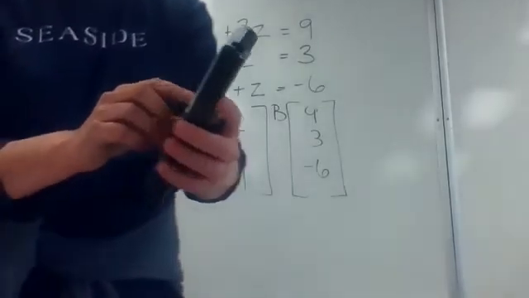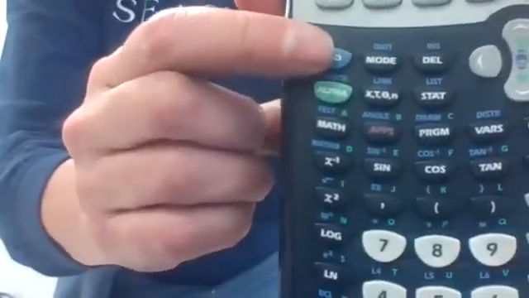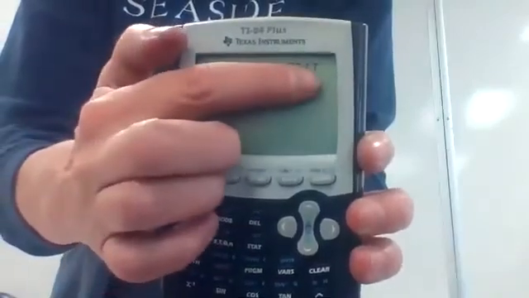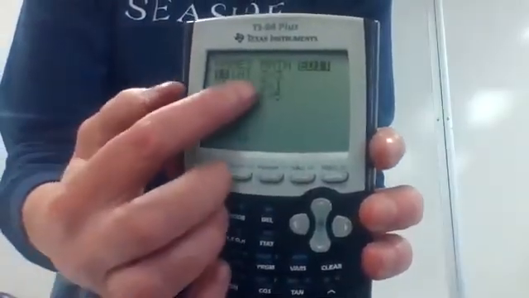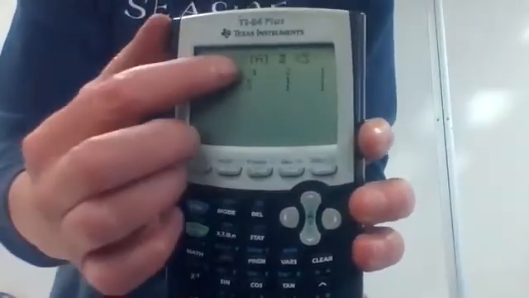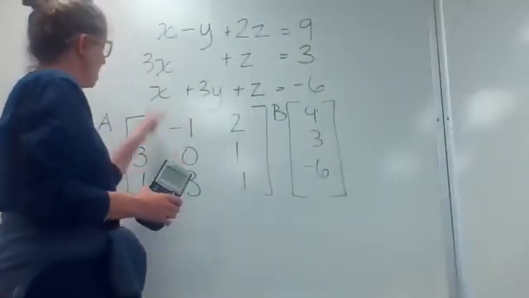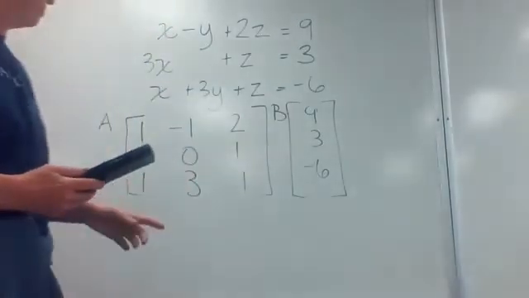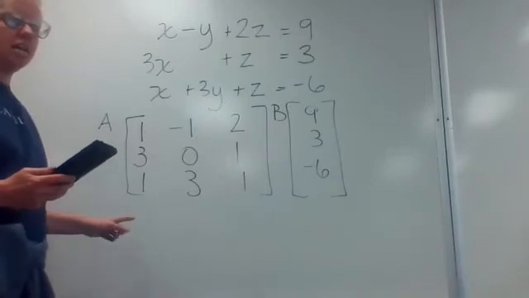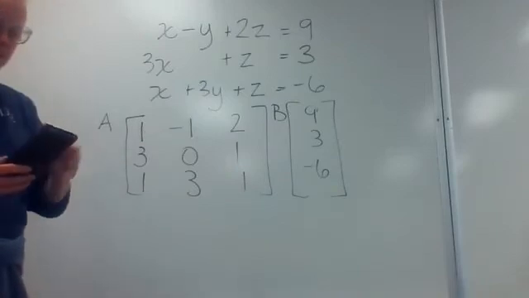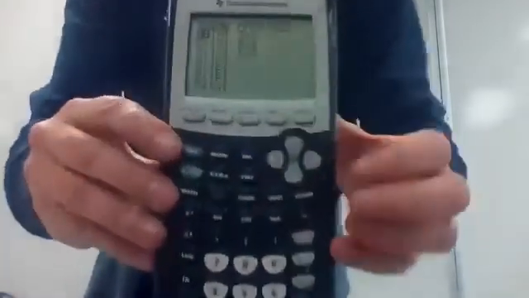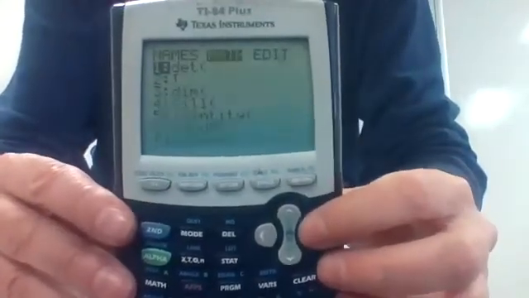So going to your matrix function, which will be second, matrix, you need to go over to edit, and you're going to edit A. Tell it you want it to be 3 by 3, right? Because there's 3 rows and 3 columns. You'll put that all in matrix A. Then you'll go second, matrix again, over to edit.